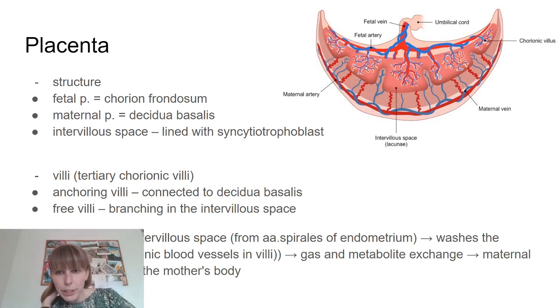And here's where we come to the placental barrier between the two types of blood that we have here. So we have the maternal blood, which is of course inside the maternal tissue. And then we have the newly formed blood vessels of the embryonic tissue, where you have the blood of the embryo.